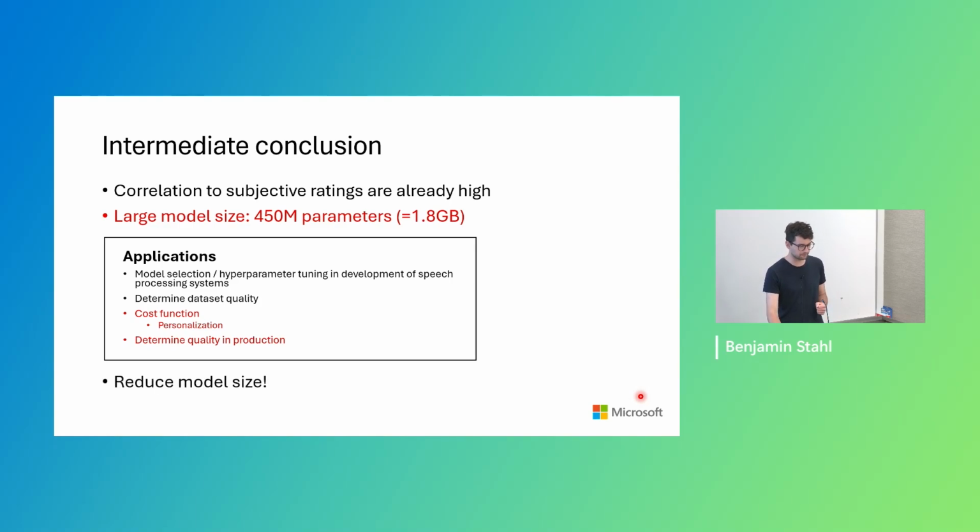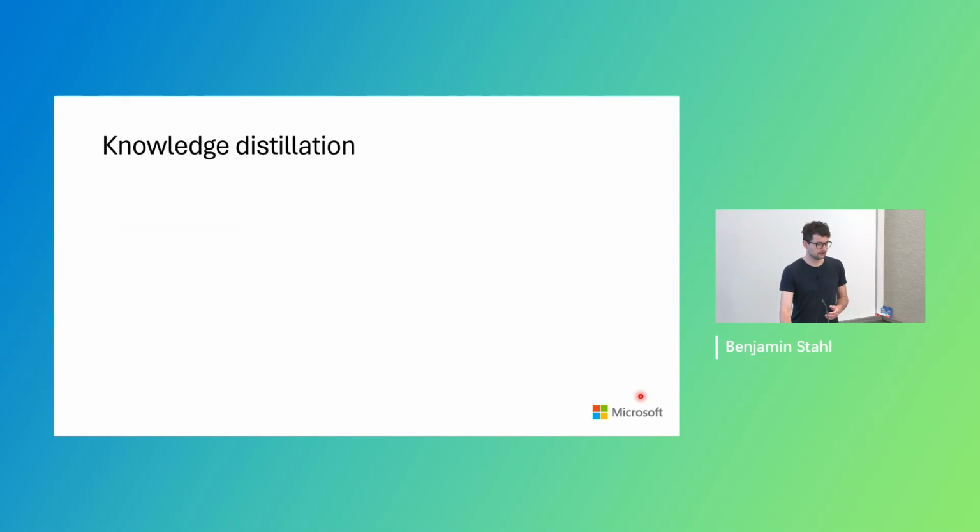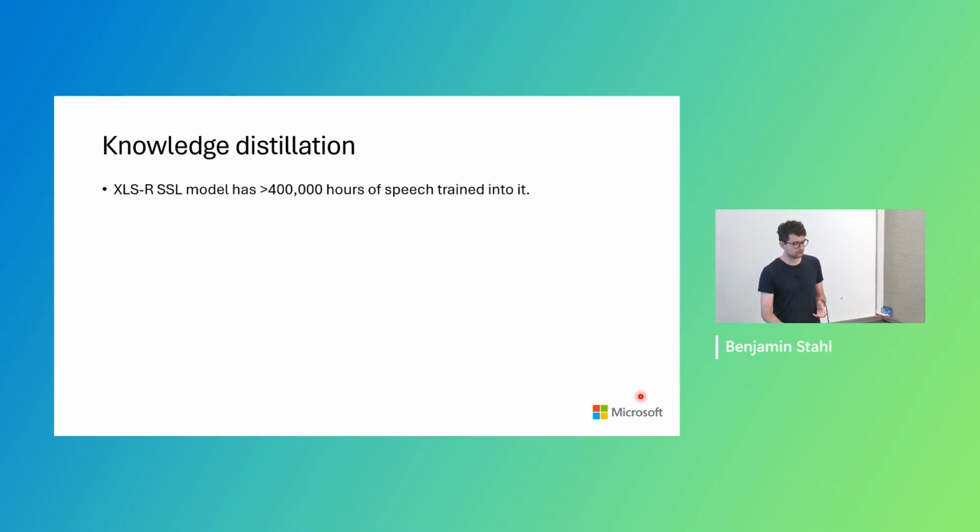That was the motivation to reduce the model size. And the approach I chose for that was to distill into more compact models. So XLSR, the self-supervised learning model, has more than 400,000 hours of speech trained into it.